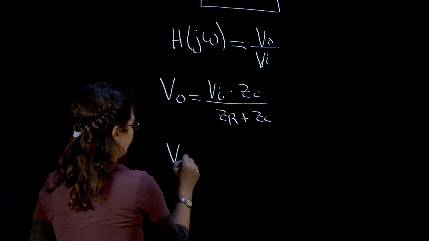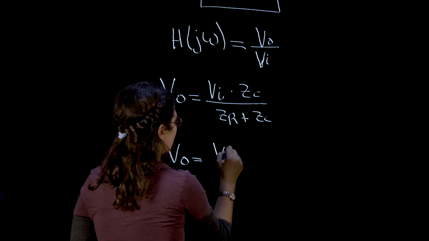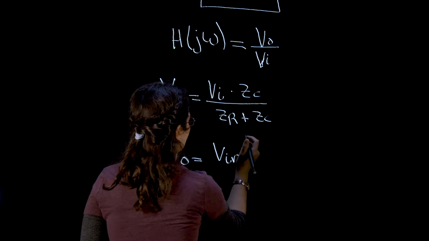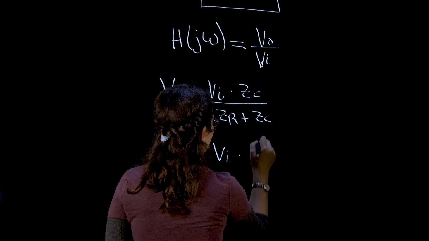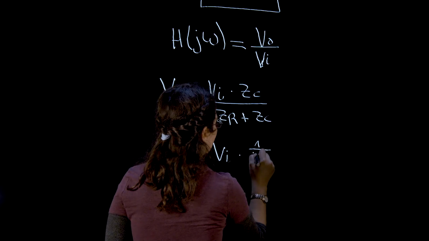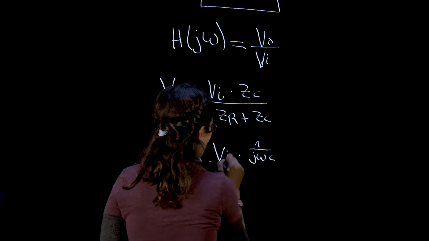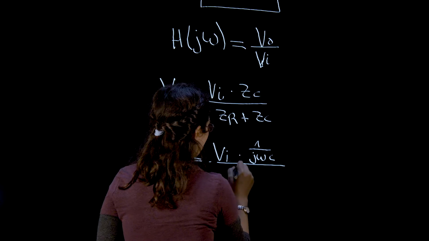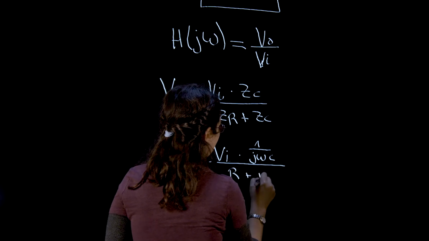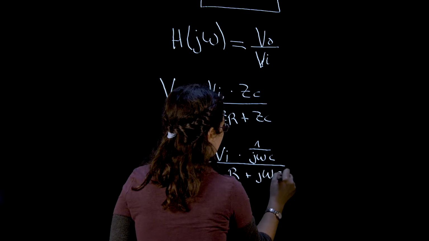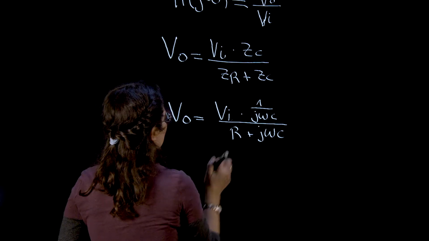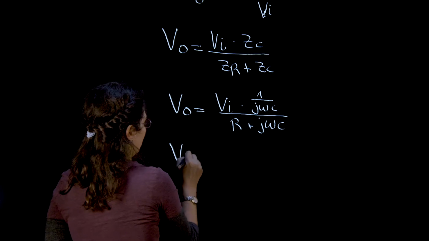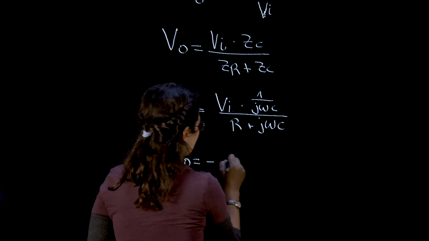So, the output voltage is going to be this one times ZC, which is 1 over j omega C, over R plus 1 over j omega C. And now we just rearrange so that things look a bit nicer.